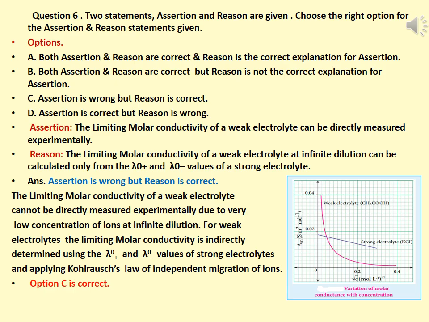The statement, assertion: The limiting molar conductivity of a weak electrolyte can be directly measured experimentally. Reason: The limiting molar conductivity of a weak electrolyte at infinite dilution can be calculated only from the lambda naught plus and lambda naught minus values, that is, the lambda naught plus value of the cation and anion.